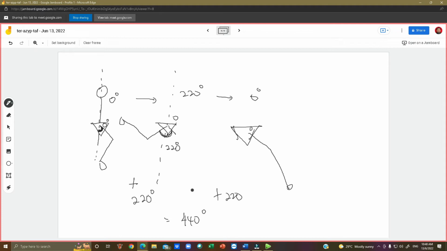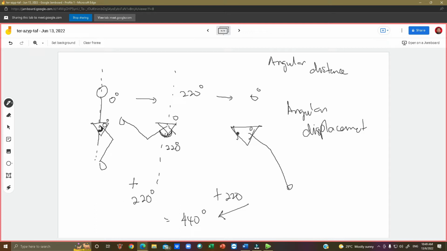Ni jarak ni. So jarak in angular distance being measured in terms of angle. How far the accumulation of the angle. Tapi kalau soalan dia, what is the displacement of this leg? Berapa displacement dia? Berapakah angular displacement of this leg? It starts at 0, it ends at 0.